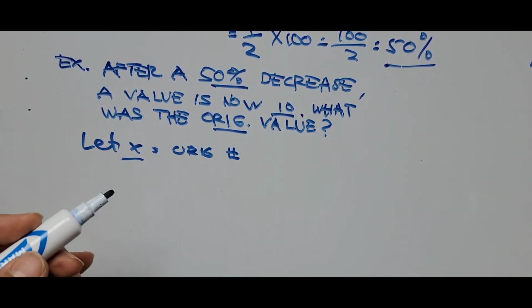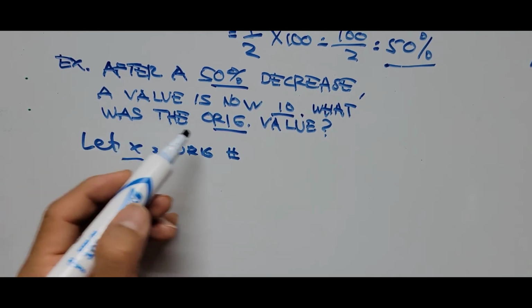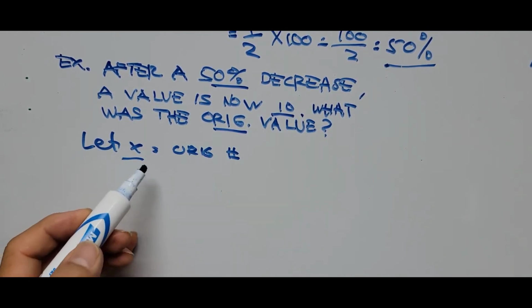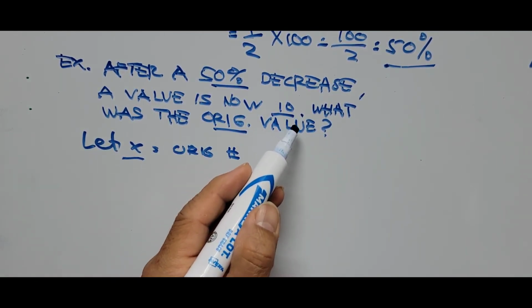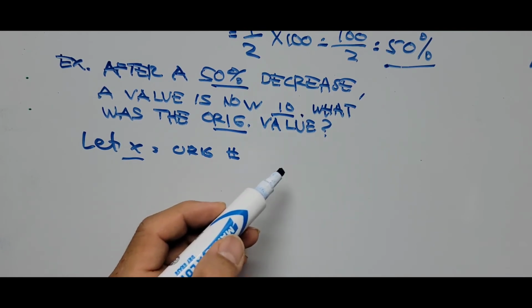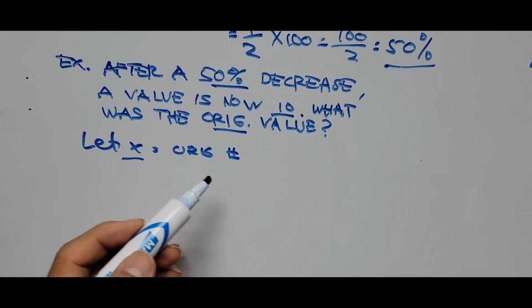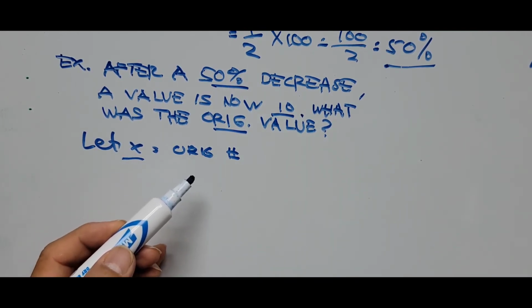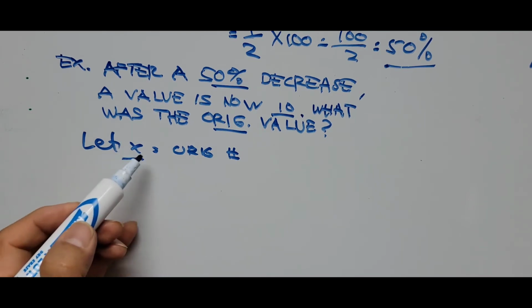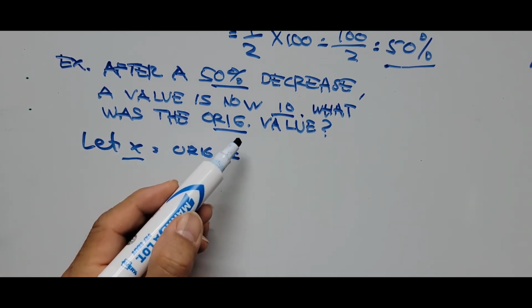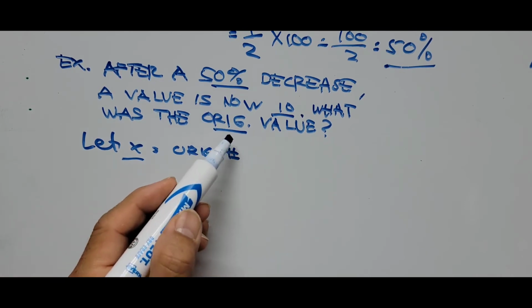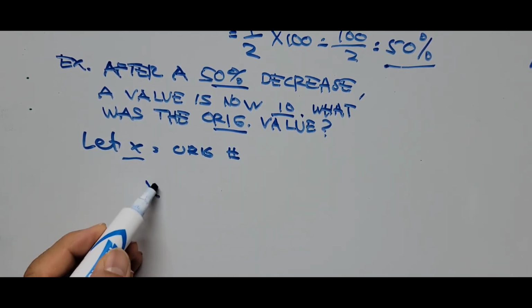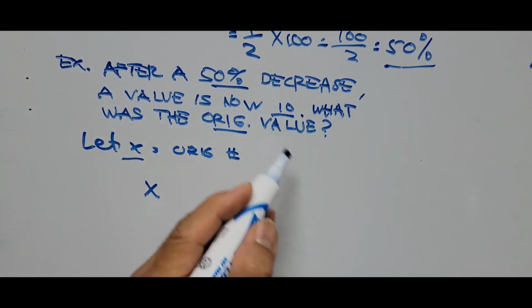We're on percent decrease. The original value is x and the new value now is 10. Which is bigger, the original value or the new value? Since this is a decrease, the original value is bigger, that's x, and the new value is 10.